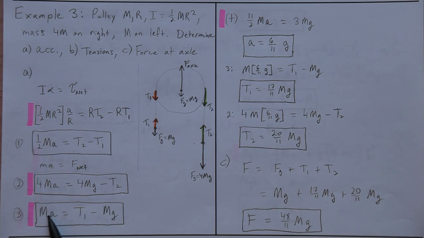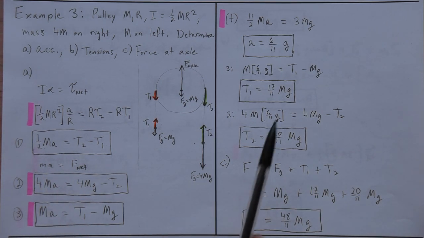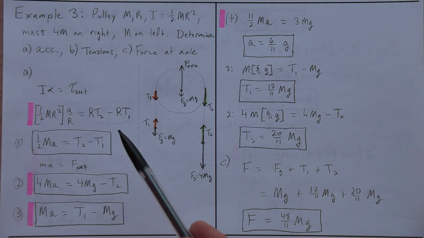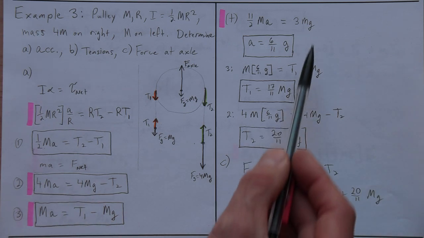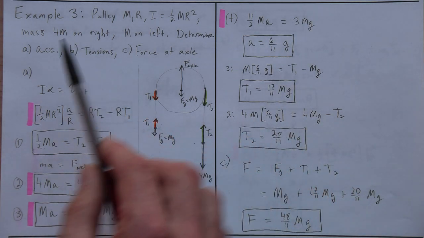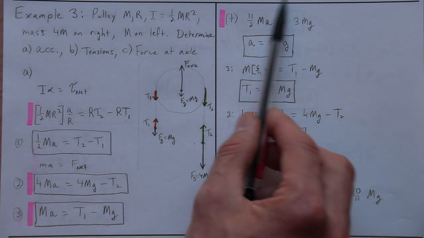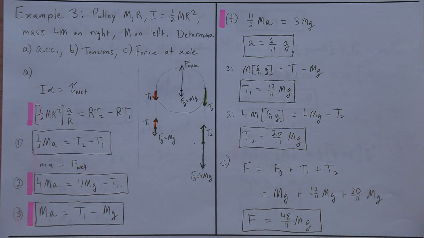Okay, and then on the right side, the positive and negative tensions drop out, so all we're left with is 4mg minus 1mg, 3mg. So add up all the left sides, add up all the right sides, that's the next step, and then you solve for a. So that's what I want you to focus on, is the idea of that.